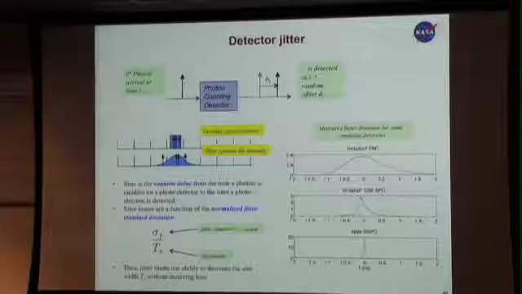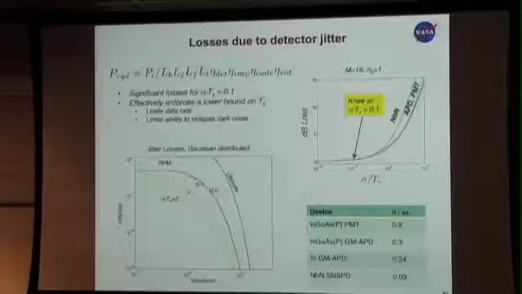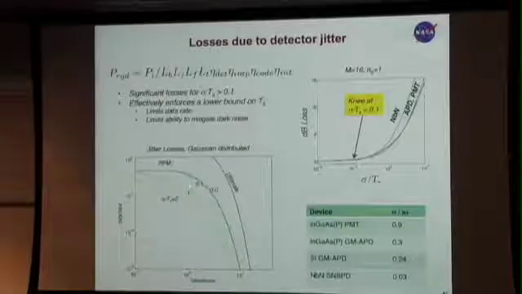And the important value here is the standard deviation of the jitter relative to the slot width. If that ratio is big, jitter doesn't allow you to get anywhere near the ideal curve. If that ratio is small, conversely, you're almost right on top of the curve. So it's a benign effect as long as you can keep the ratio of the jitter to the slot time on the order of 0.1 or so.